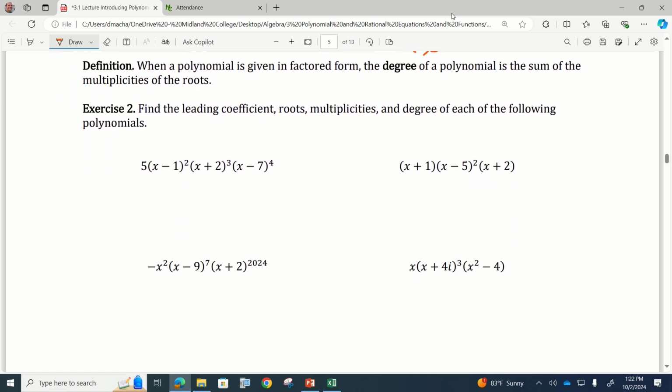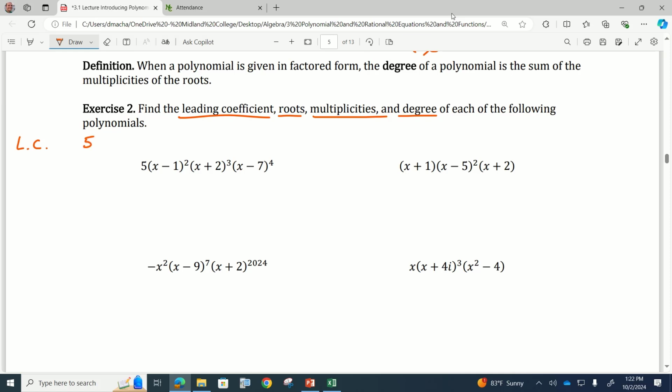Okay, so now the game is, when a polynomial is given in factored form, the degree is just the sum of the multiplicities of the roots. So this time we're going to find the leading coefficient, we're going to find the roots, their multiplicities, and the degree. So up here in the top left, what's the leading coefficient? 5.